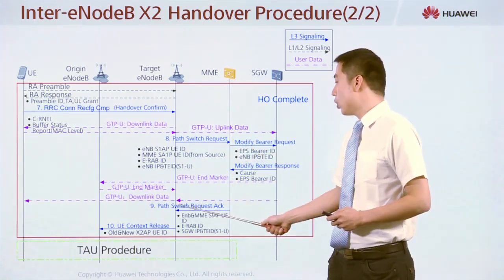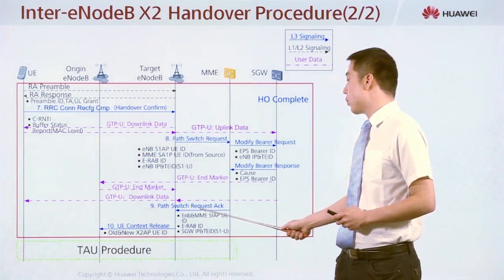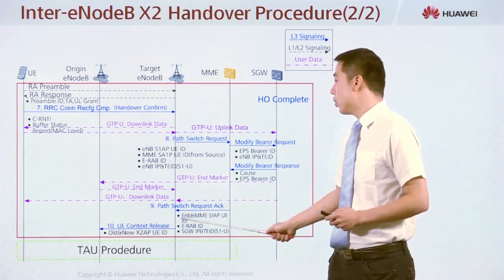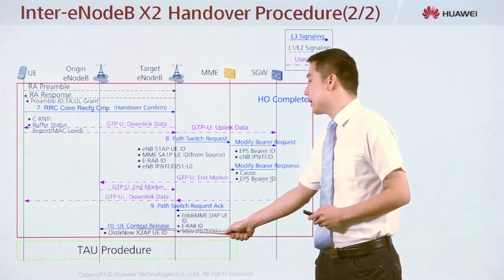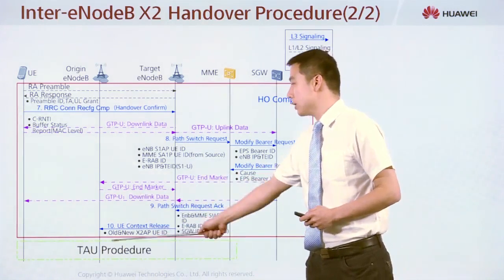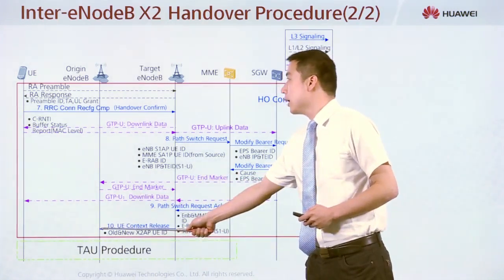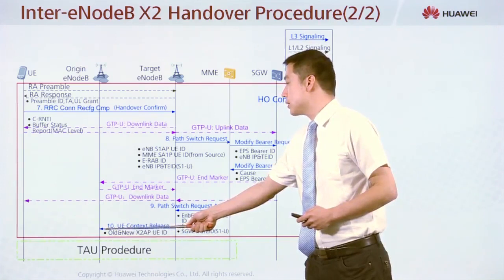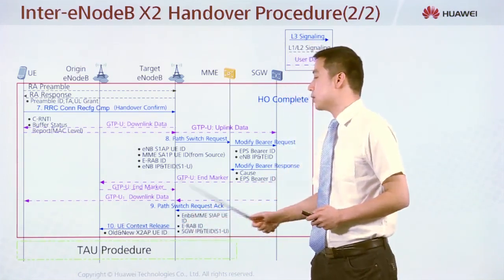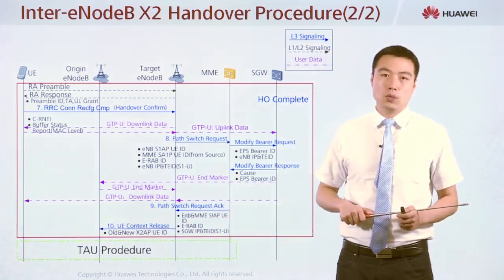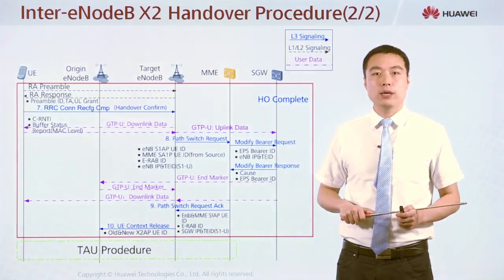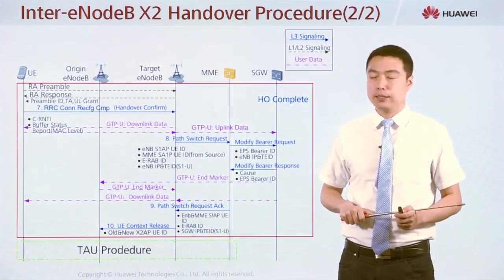After the target eNodeB receives the path switch request ACK, the target eNodeB will send the UE context release message to the source eNodeB. Until the source eNodeB receives the UE context release message, the source eNodeB finally knows the handover has succeeded and completed.